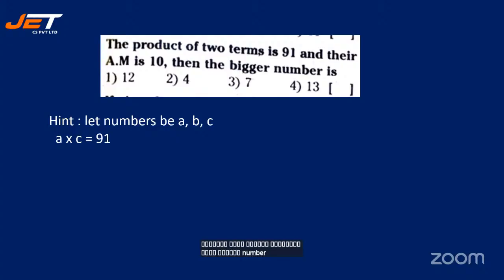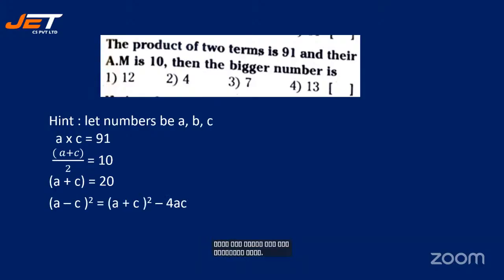So A into C is 91. And they say that their arithmetic mean is 10. You have to add them and divide by 2. So (A plus C) by 2 is 10. So what is A plus C? It is 20. How? 2 will get multiplied by 10, we will get 20.